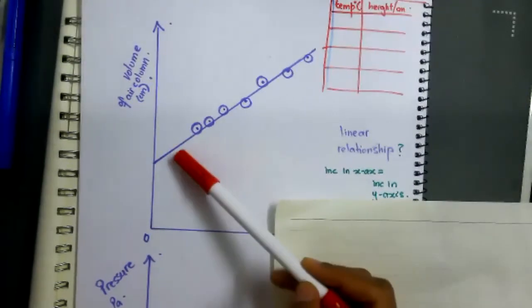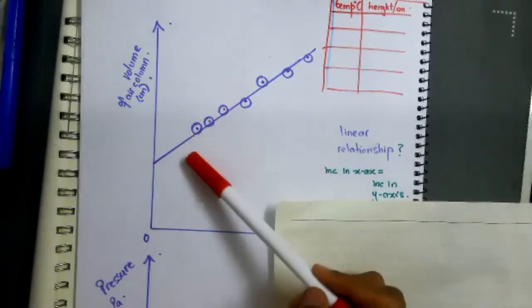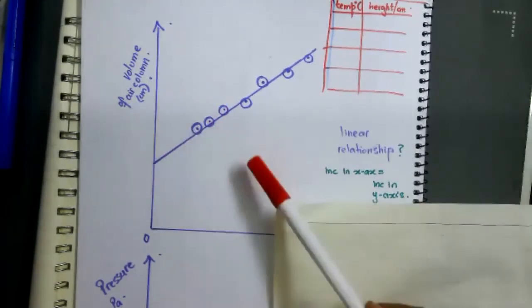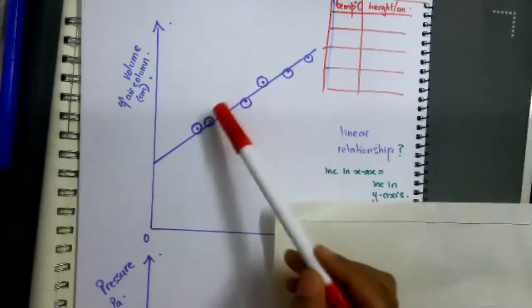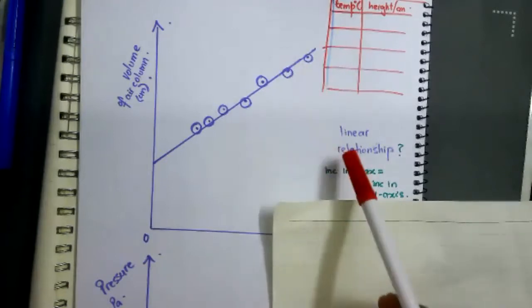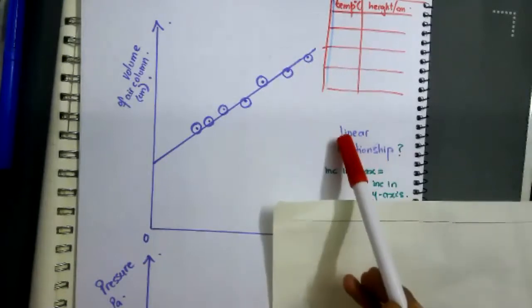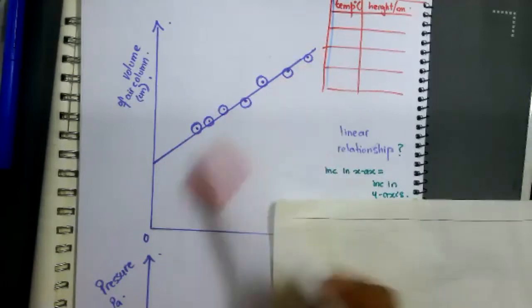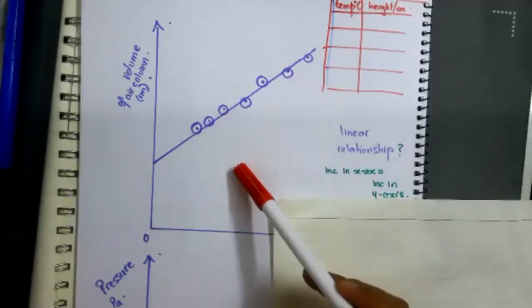Or if the y-axis is increasing by 3, the x-axis would also increase by 3. Whatever one quantity is increasing by, the other will also increase by the same amount. That is when we get a linear relationship, linear meaning straight line. But since it is not passing through the origin, I will not call this direct proportionality.